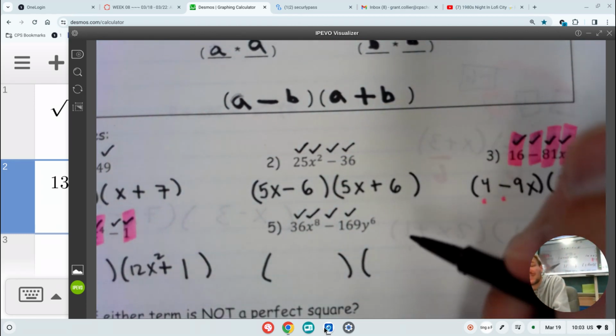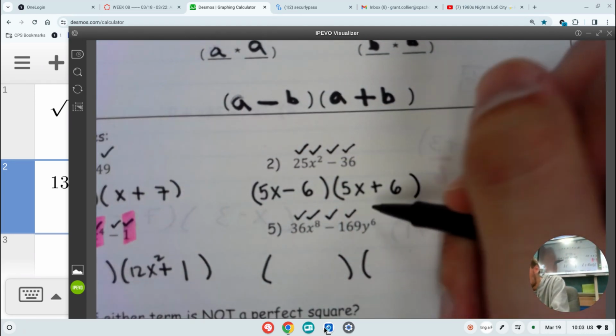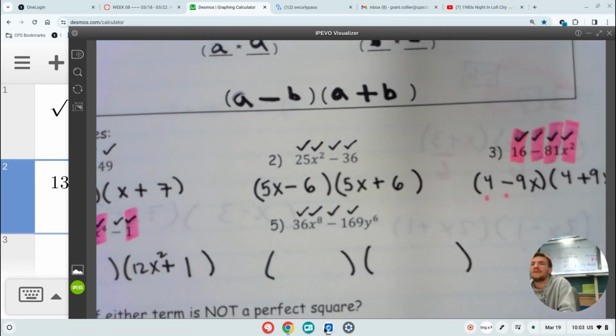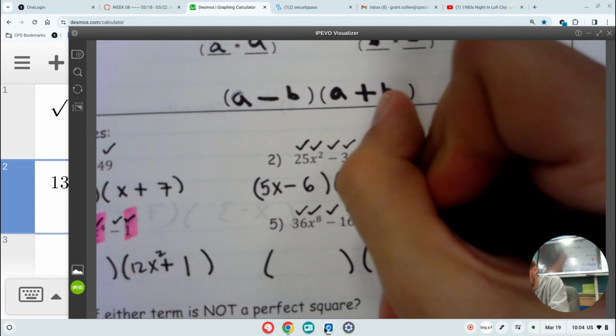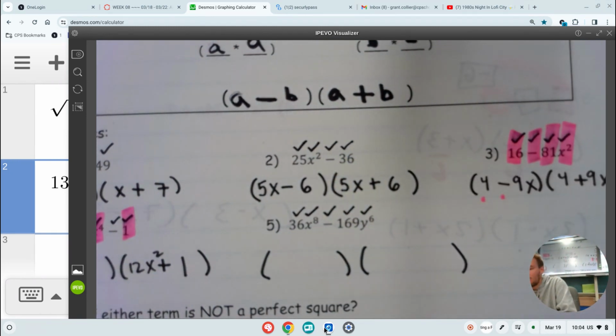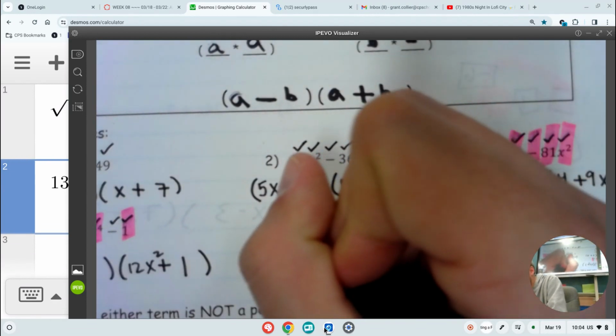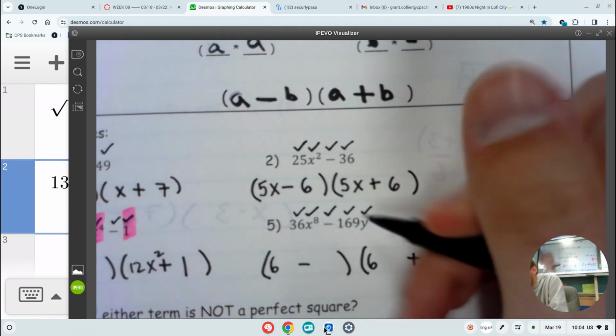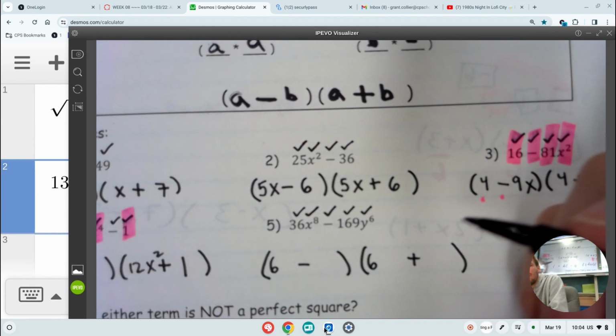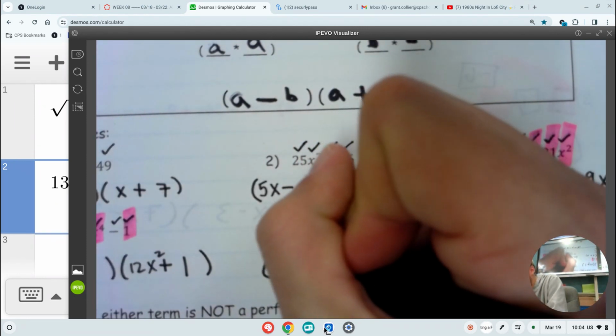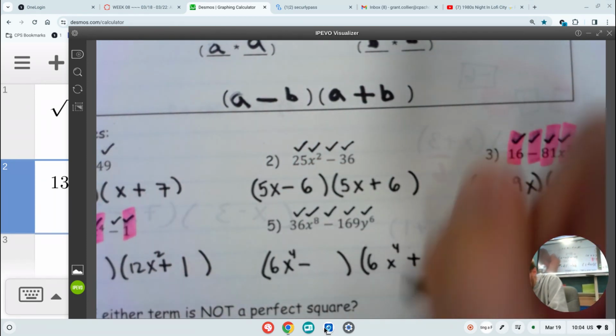And this one also has y's. Y to the 6. But if we have 6 y's, can we break it in half? Yes. So everything looks good. Go through it one at a time. 36 is 6 times 6. And what about x to the 8? Rip it in half. x to the 4, x to the 4.